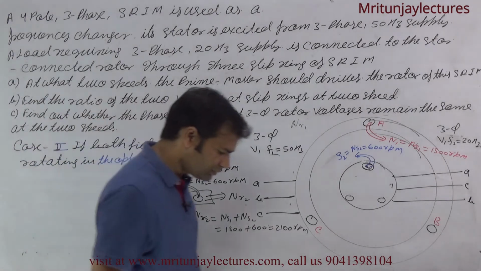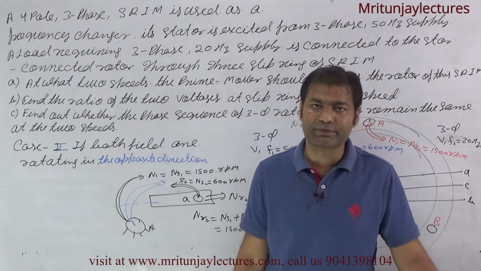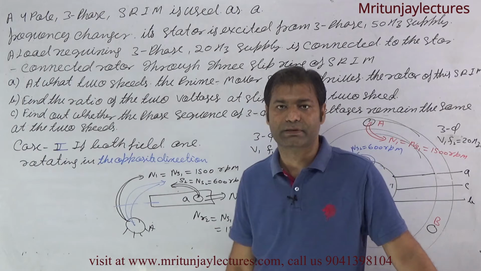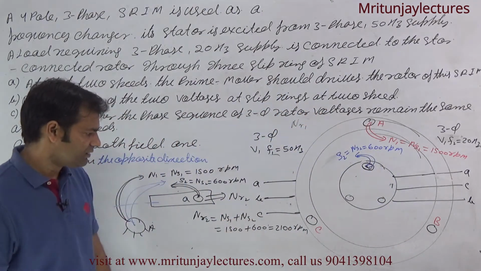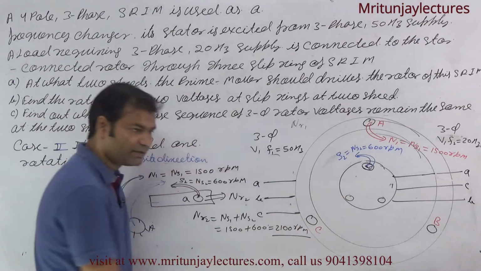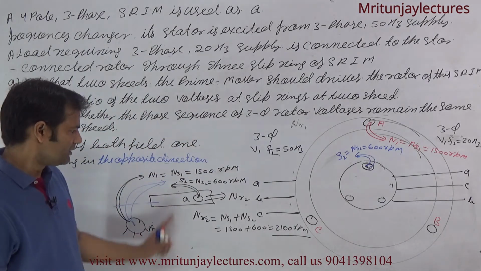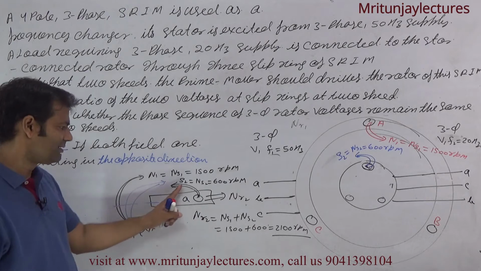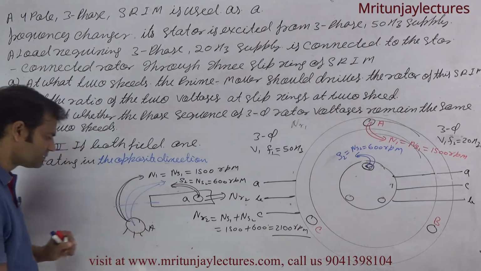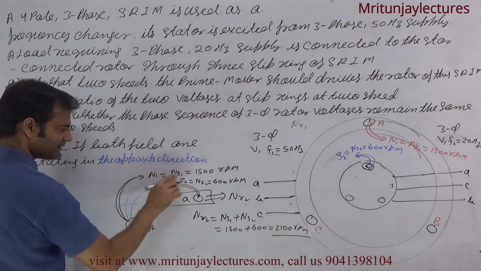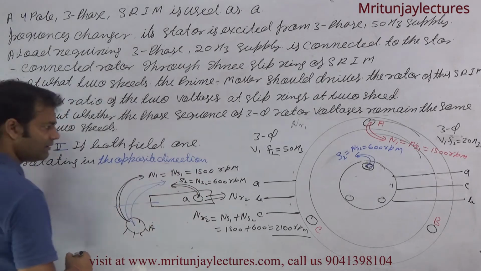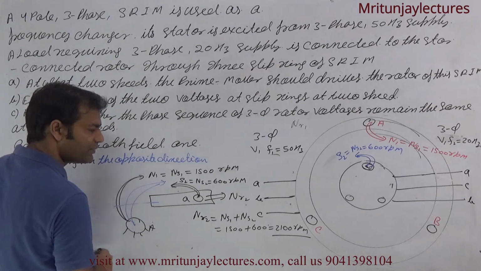Means if the rotor rotates in the direction of the stator field at 900 rpm, or at 2100 rpm, then it is possible that the rotor field rotates in the direction of the stator field at 1500 rpm.